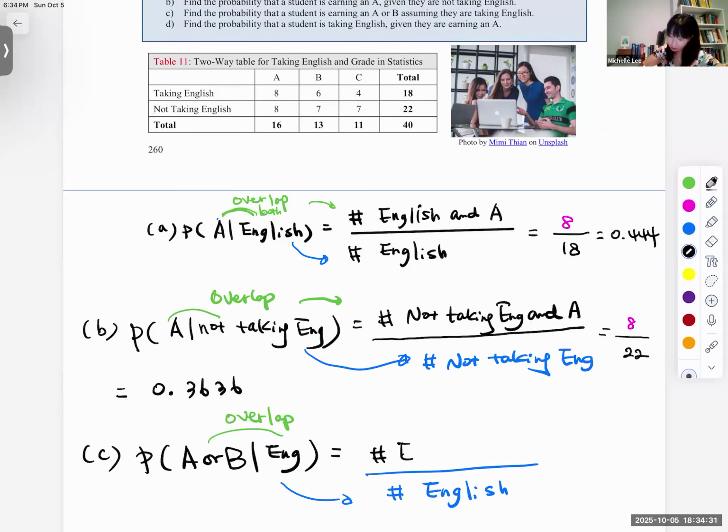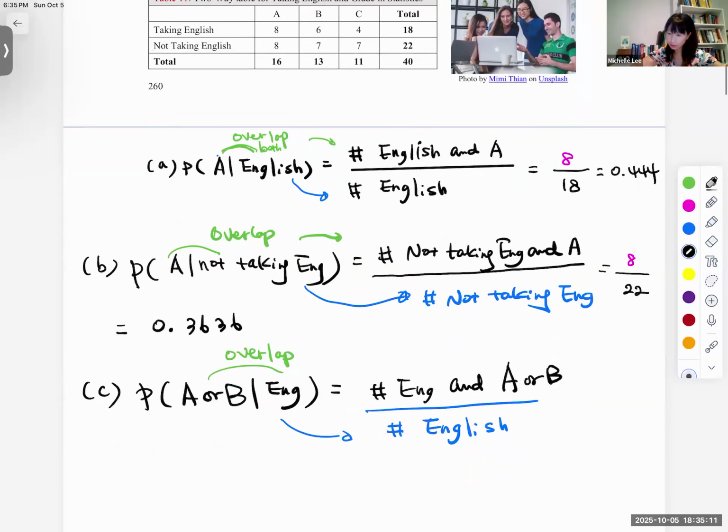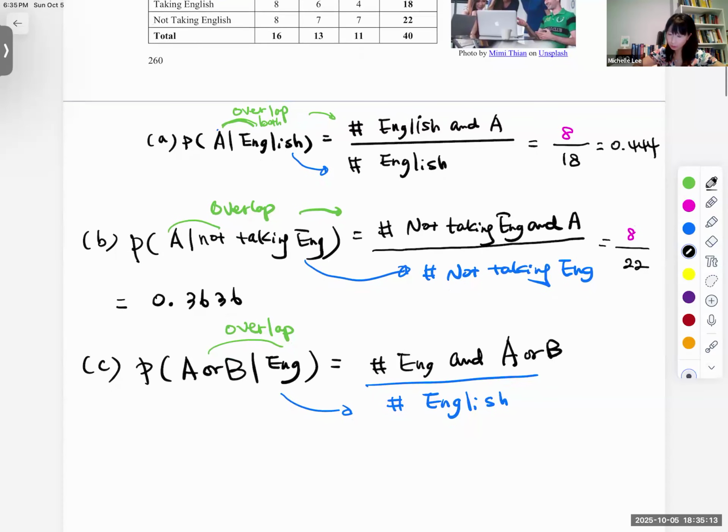So take English first, and earning A or B, right? Okay. Yeah, you can see here. So let me bring a little bit over.